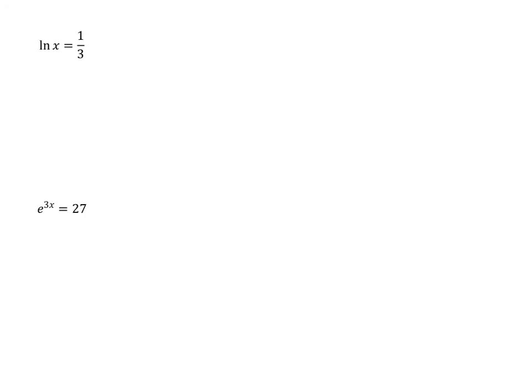So let's look at solving a couple of equations. I have the natural log of x is equal to 1/3. So what I can do is raise both sides of this equation to the power of e. So e to the natural log of x is equal to e to the 1/3 power. Well, e and natural log cancel, so x will be equal to e to the 1/3 power.